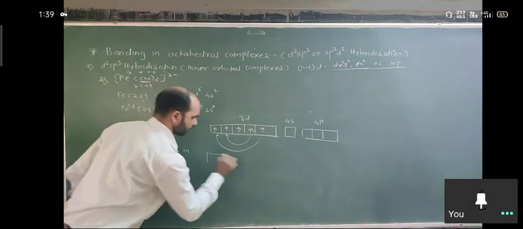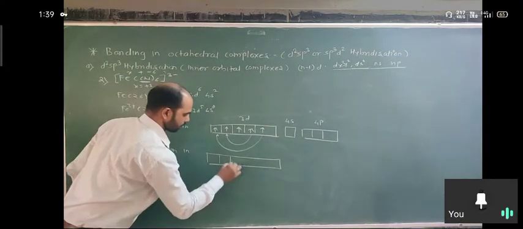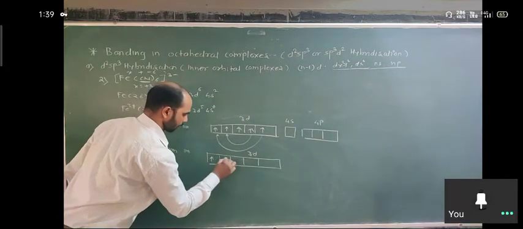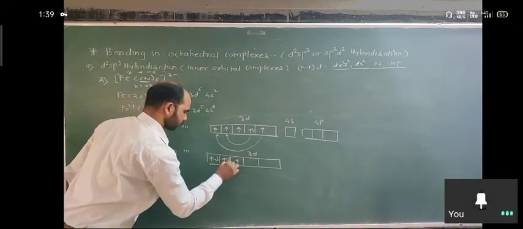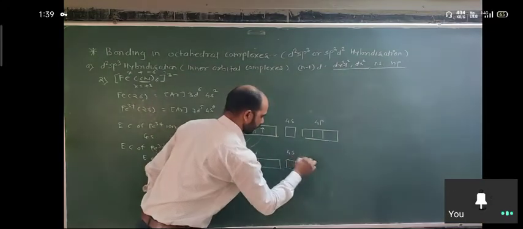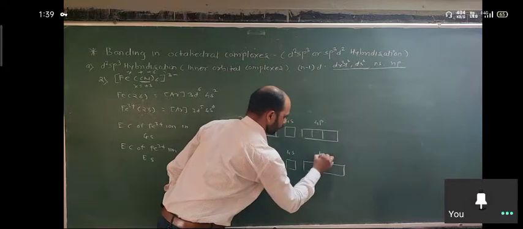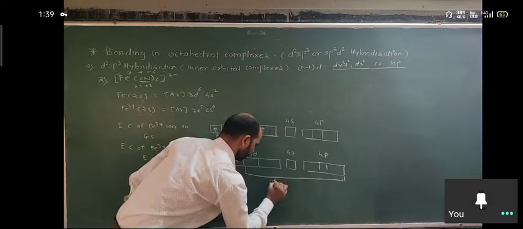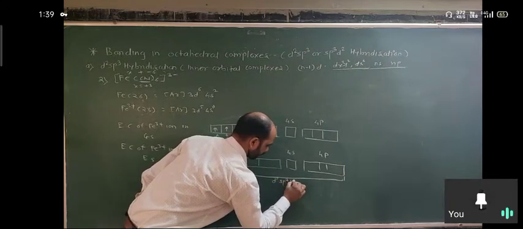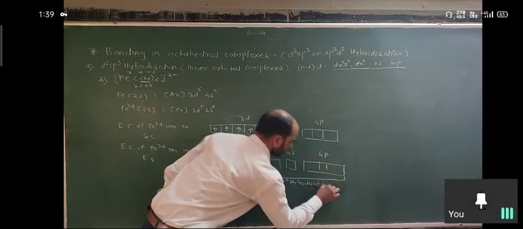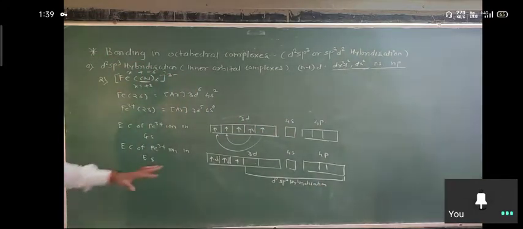So in the excited state there is 3d. Two orbitals are empty, the 4s is empty, and the three 4p's are empty, and it undergoes d2sp3 hybridization.